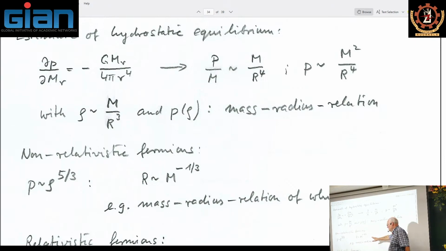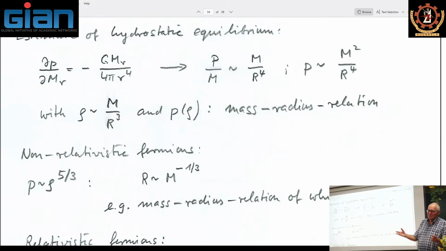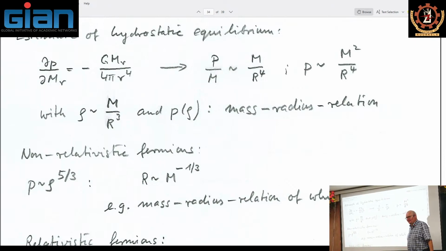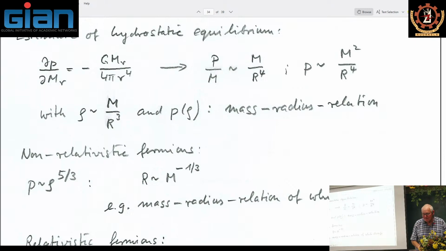They obey this mass-radius relation. These are the white dwarfs. All of you who have studied a little bit of astrophysics came across the white dwarfs. These are degenerate stars, and the mass-radius relation is R proportional to mass to the minus 1/3.